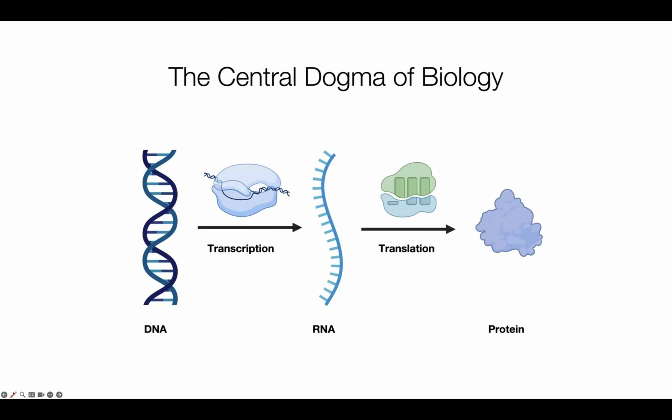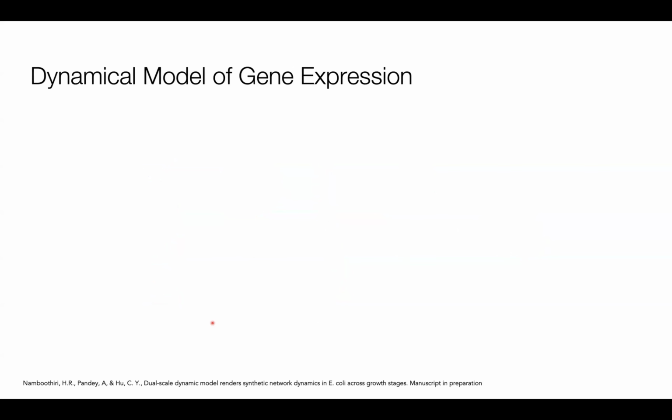All right, so let's go back to the central dogma of biology. In synthetic biology, we basically look at this information flow and try to engineer and utilize it. It's easy for us to write it into differential equations.